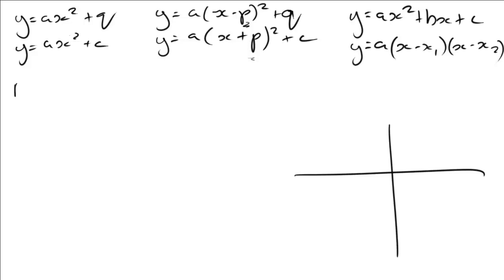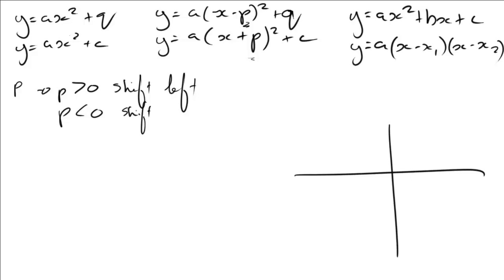What is P? P represents the shift left or right. If P is greater than 0, then the shift will be to the left. If P is less than 0, then the shift will be to the right.